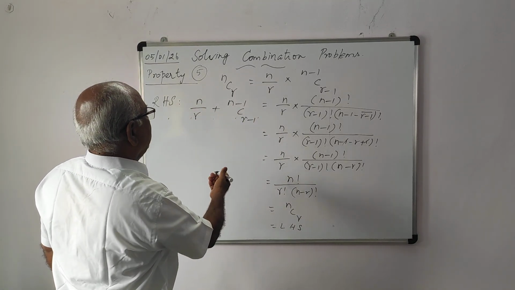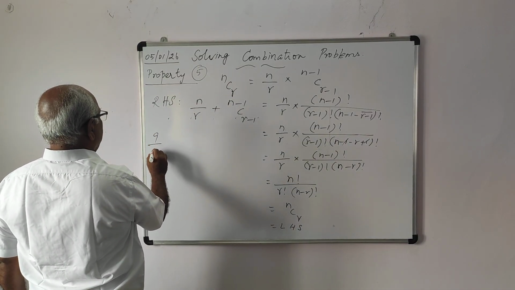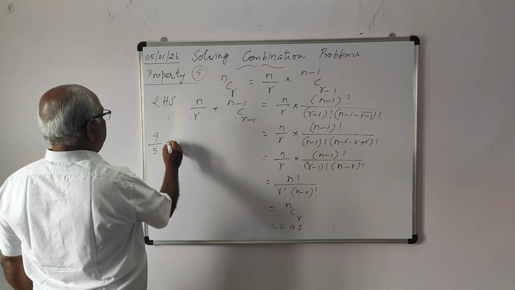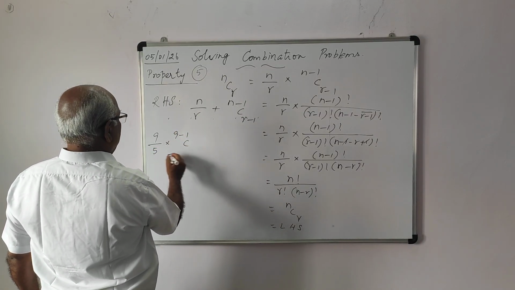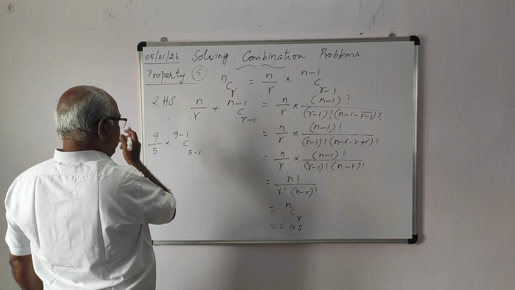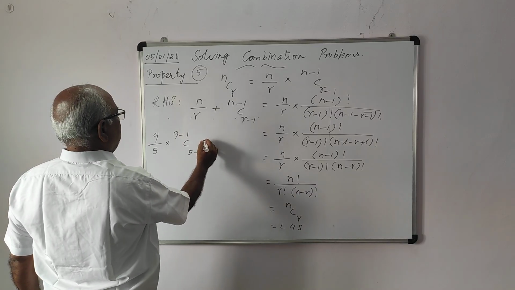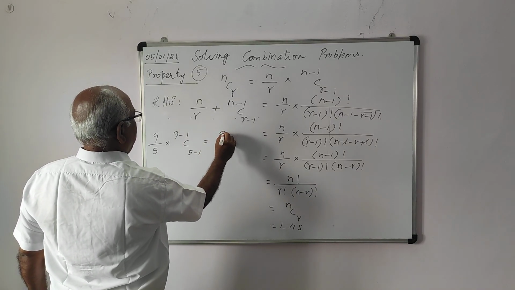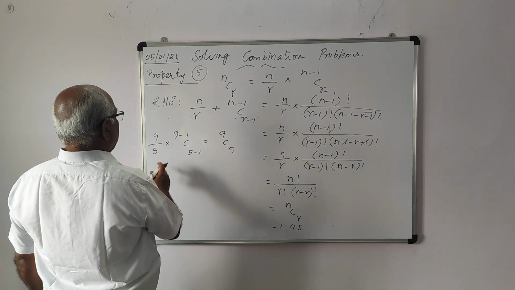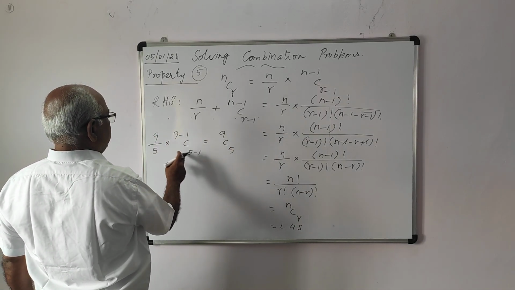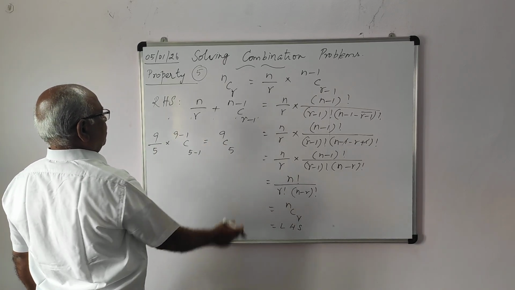the application of this property is, for example, 9 by 5 into (9 minus 1)C(5 minus 1). n by r into (n minus 1)C(r minus 1) equal to nCr. n is 9, r is 5.